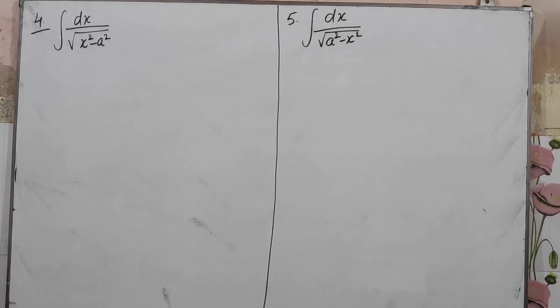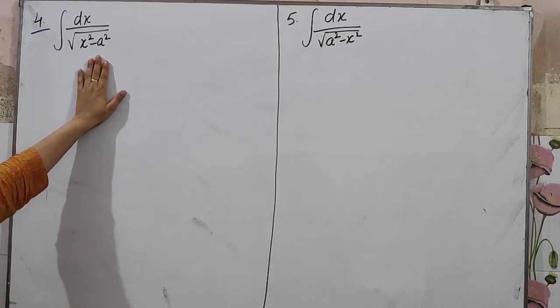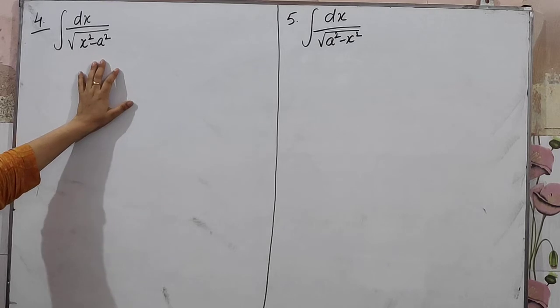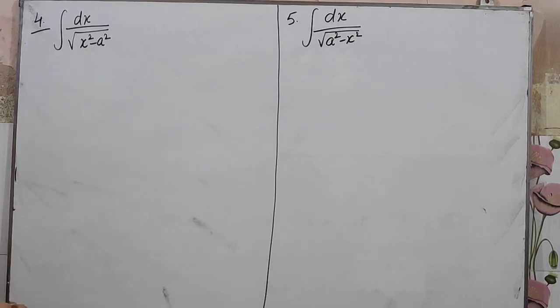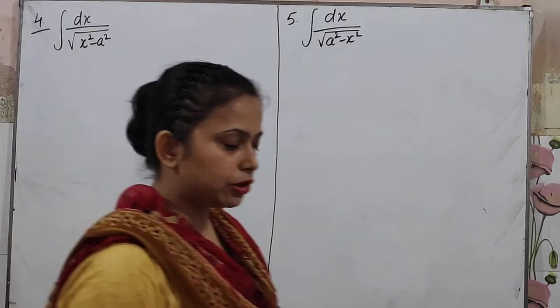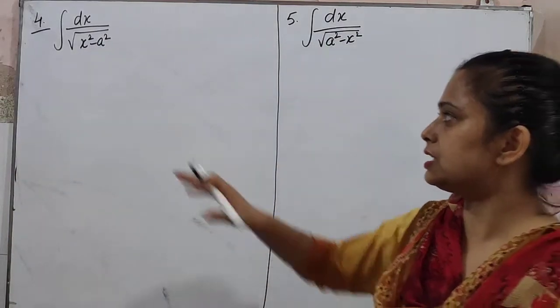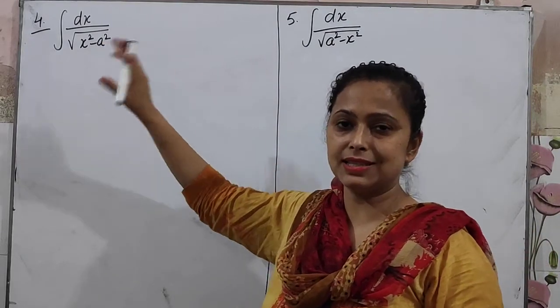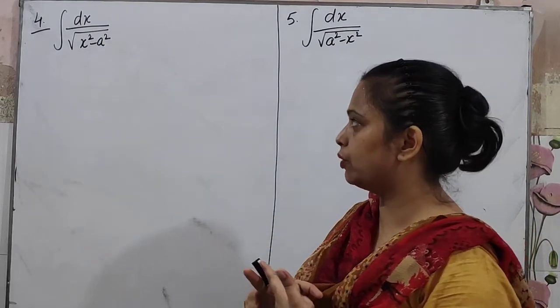See students, the next integral is dx upon under root of x square minus a square. Again this can be factorized, but since it is under root, it cannot be solved easily that way. This is x square minus a square. Again we will do some substitution. Sin square theta minus 1, there is no formula.